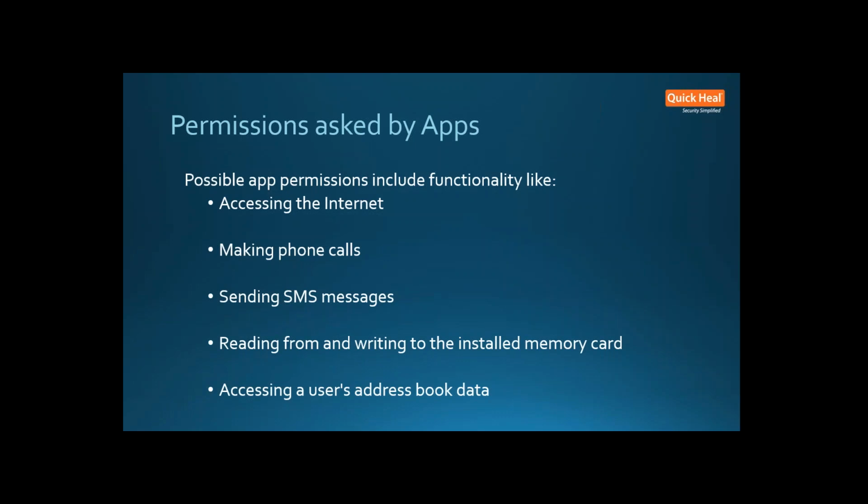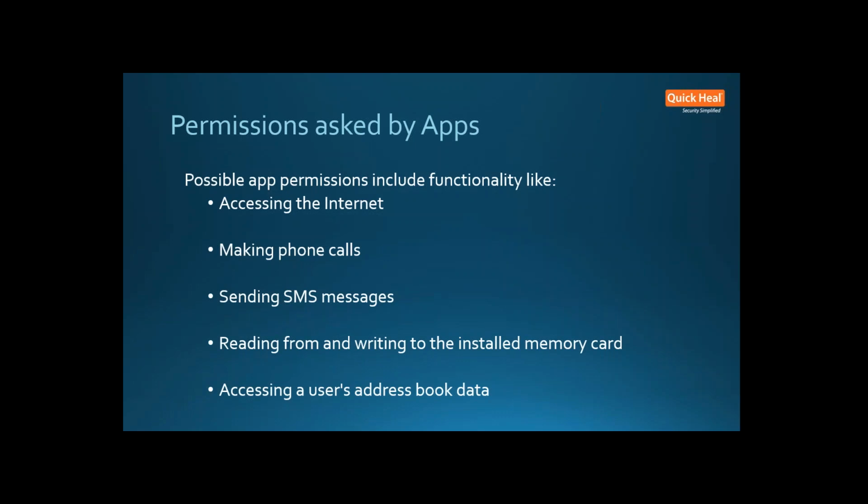For example, any of the popular games which include vibration may ask for that permission, but it should not need permission to read messages or access the user's address book data. After reviewing these permissions, the user can decide whether to install the application or not.